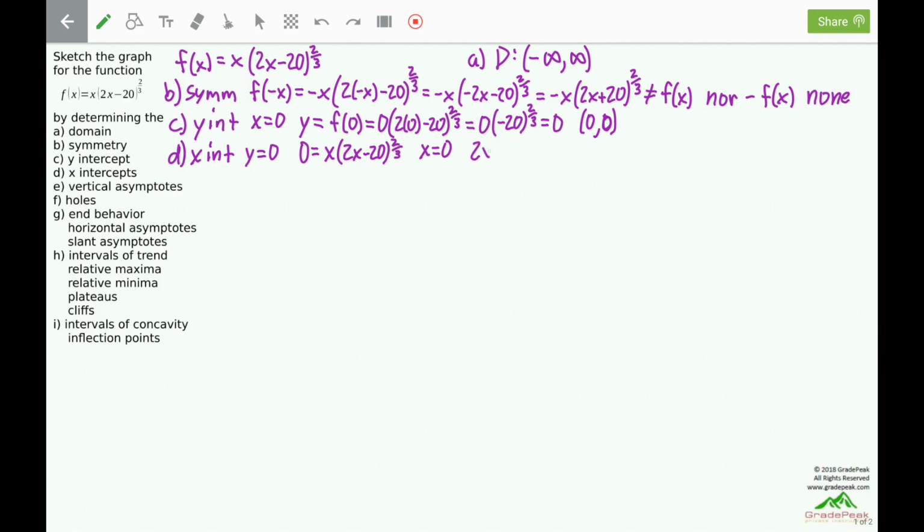And because of the 2x minus 20 to a power, we have 2x minus 20 equals 0 as the other solution. We can solve for x from that one by adding 20 to both sides and then dividing both sides by 2, which will give x equals 10. We had a y-coordinate of 0. These are the corresponding x-coordinates, so we compare the y-coordinate of 0 with them. So this will be 0, 0, and this will be 10, 0.